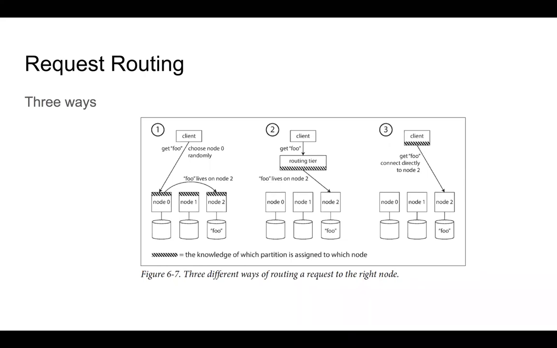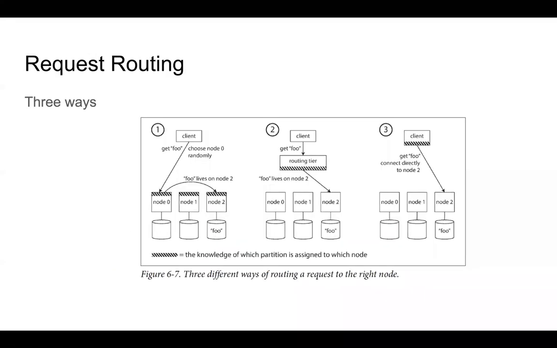The third way is where the client itself knows about the partitions. Since the client already knows, it will directly make the request to node 2. So these are the 3 ways in which request routing can happen.